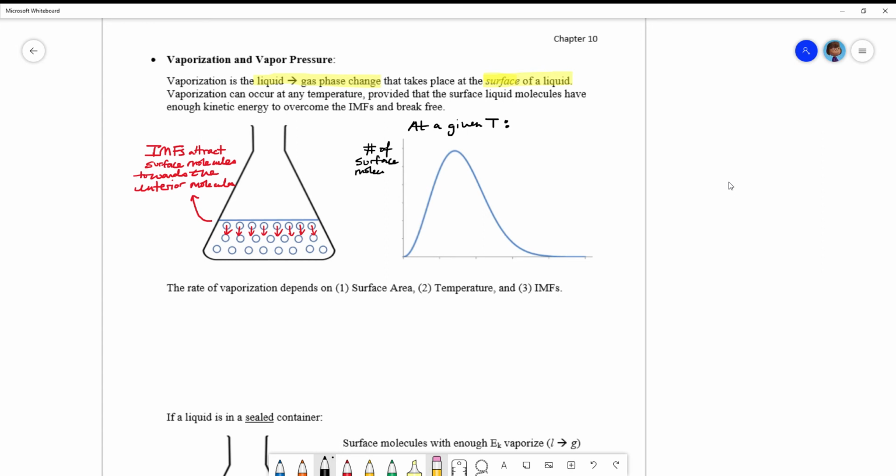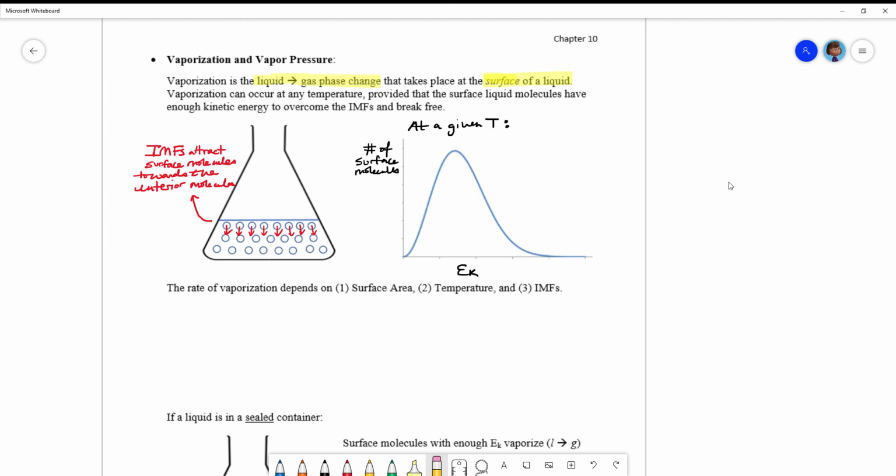It's only surface molecules that matter to us right now. And on our x-axis, we've got the kinetic energies of all the surface molecules. Now, what we can see here is some of the surface molecules have very low kinetic energy. Some have very high kinetic energy. Most of them have kinetic energy in the middle.